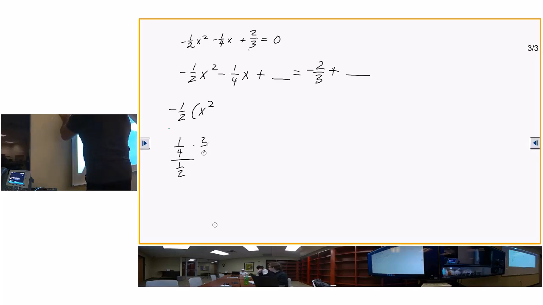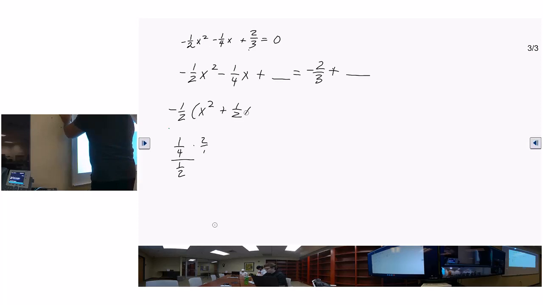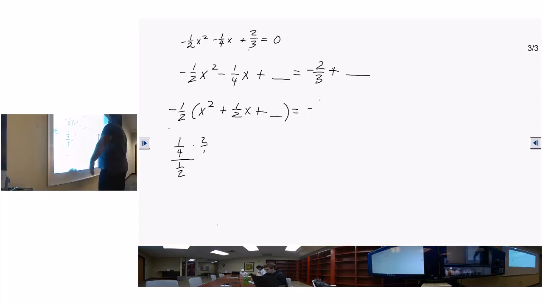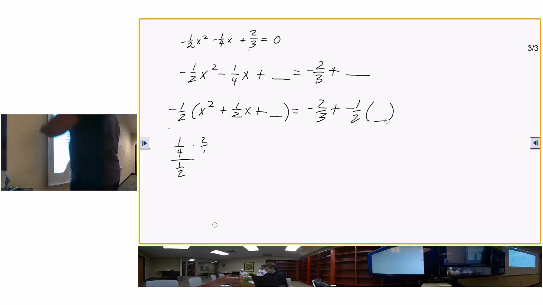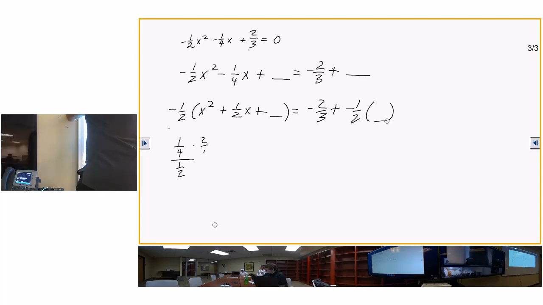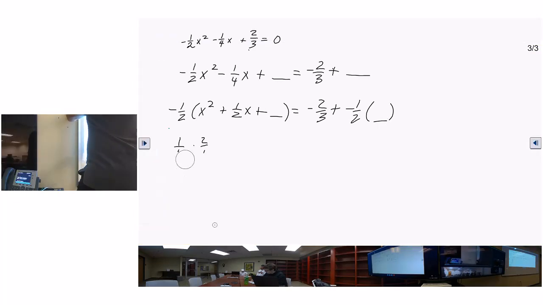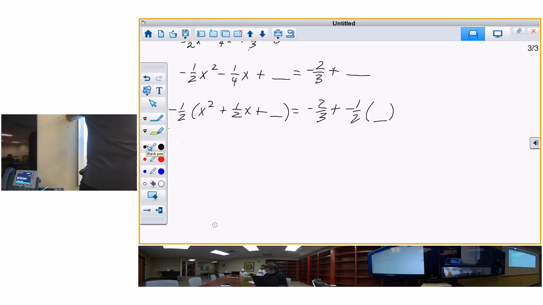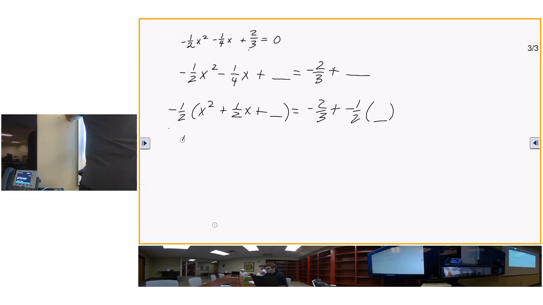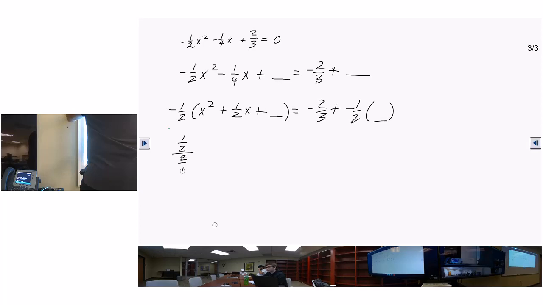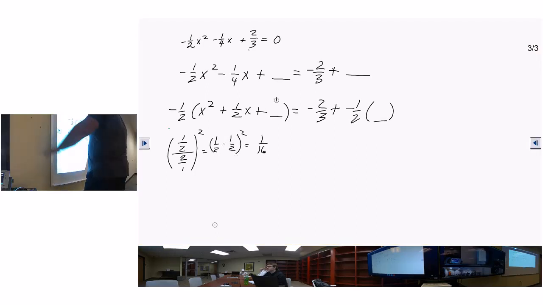Negative 1/2 times x squared plus 1/2 x plus blank is equal to negative 2/3 plus negative 1/2 times blank. And now we take the 1/2, and now we do, I think that's where we got the 1/16. So nothing changes there. 1/2 divided by 2 squared is 1/2 multiplied by 1/2 squared, which is 1/16.